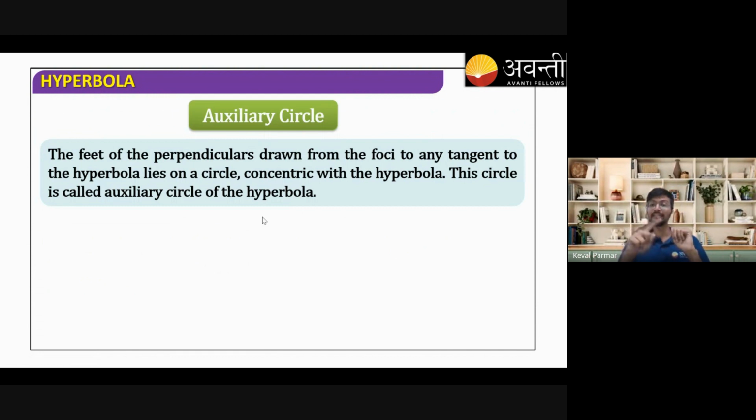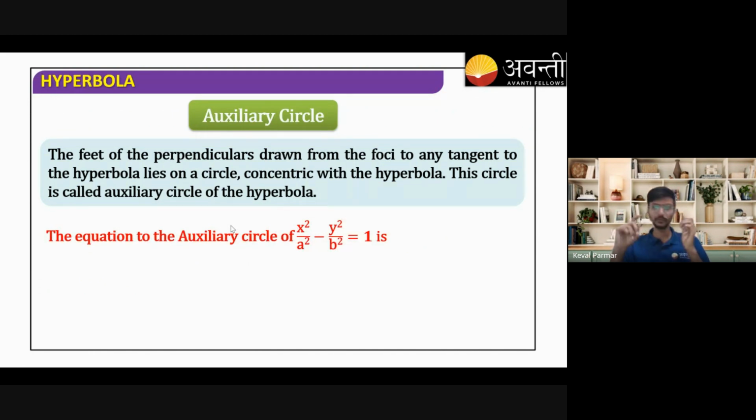If the hyperbola is x square upon a square minus y square upon b square equals 1, then the equation of the auxiliary circle will be x square plus y square equals a square. Please remember here, the transverse axis is the x-axis. If the x-axis is the transverse axis, then the radius will be a. If the y-axis is the transverse axis, then the radius will be b.